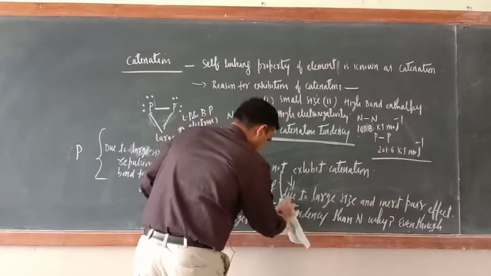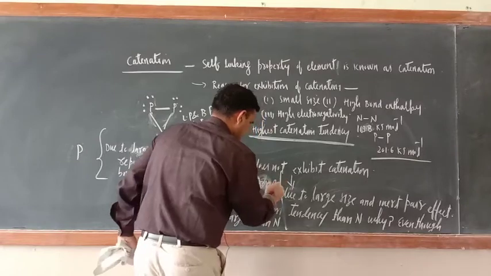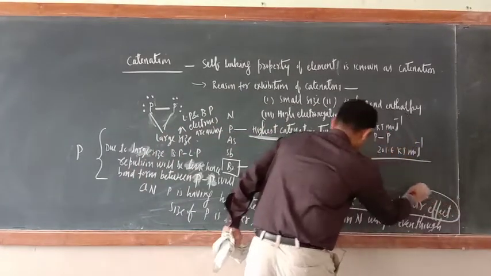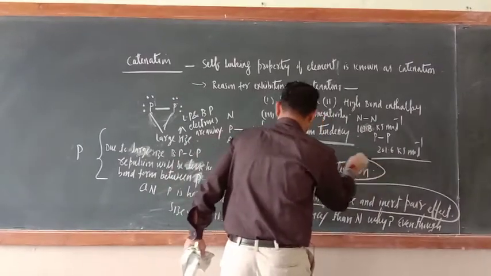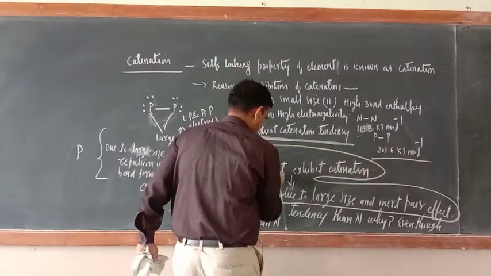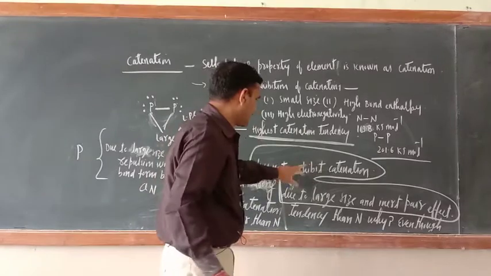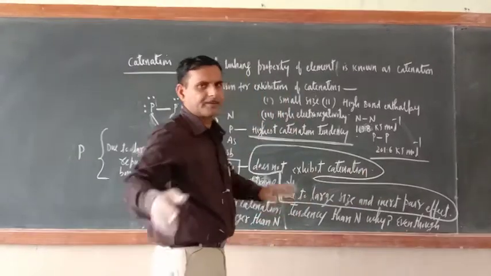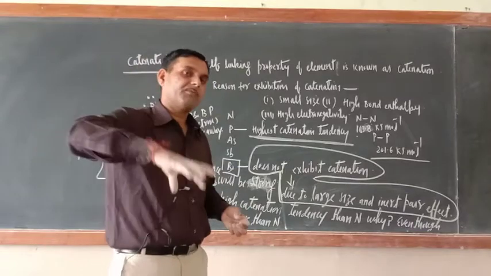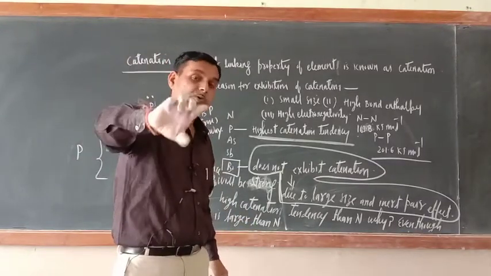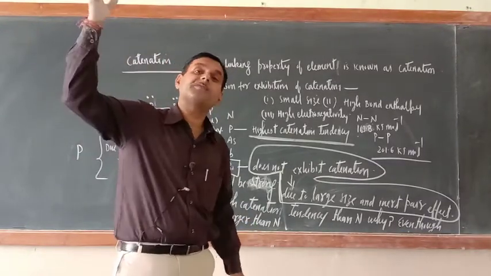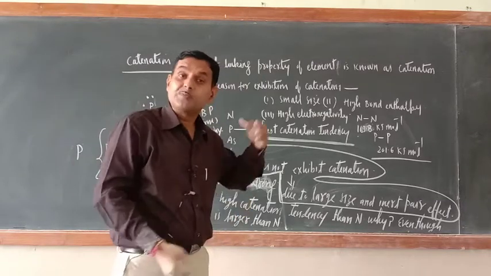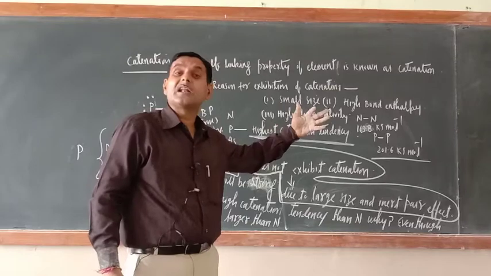Okay, just see here for the bismuth. For showing the catenation, size should not be very large, it should be a little bit large. Okay, in bismuth's case size is very large.